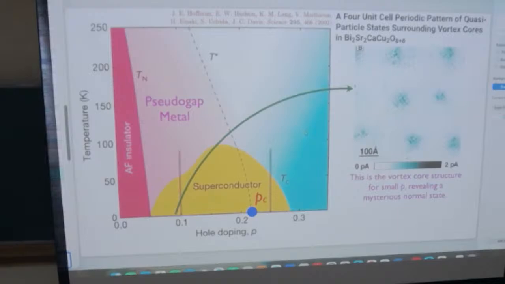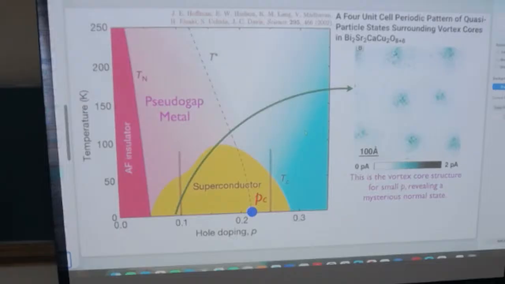So one of the earliest indications that something is going on in the superconductor was looking at the vortex core. We all know from BCS theory that the core of a vortex is where you get the normal metal. So one way to look at the metal underlying your superconductor is to look at the vortex core. And here I'm telling you that the metal underlying the superconductor is totally different.